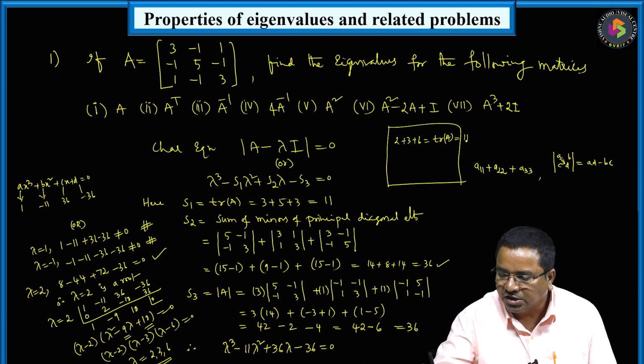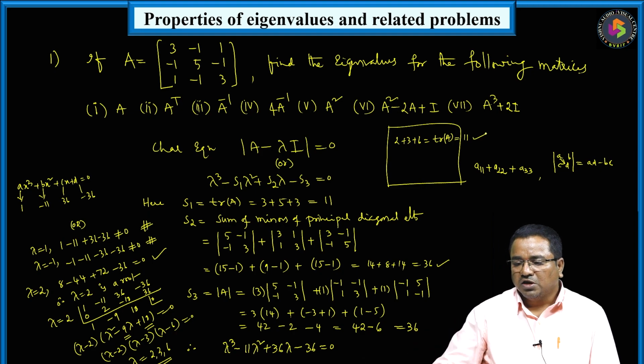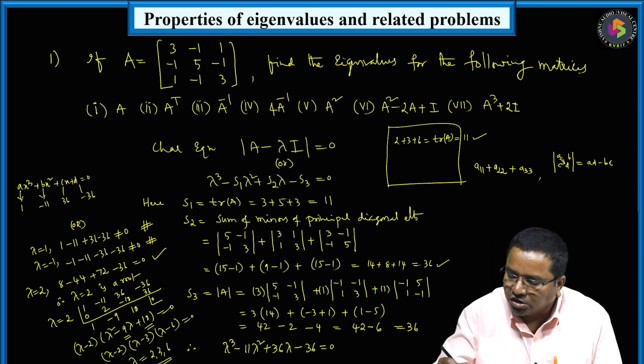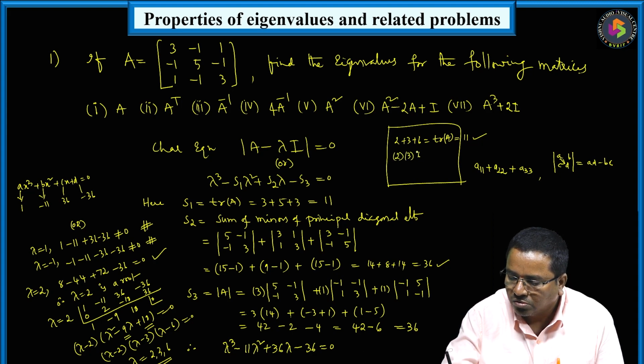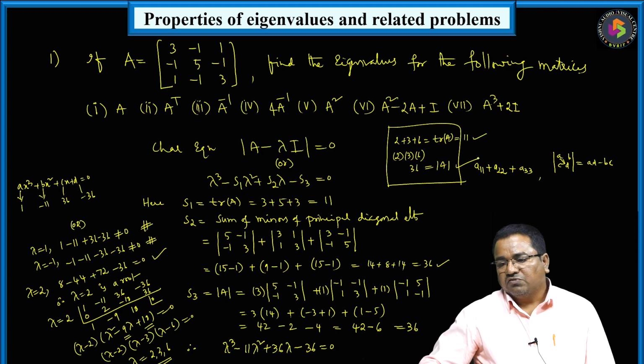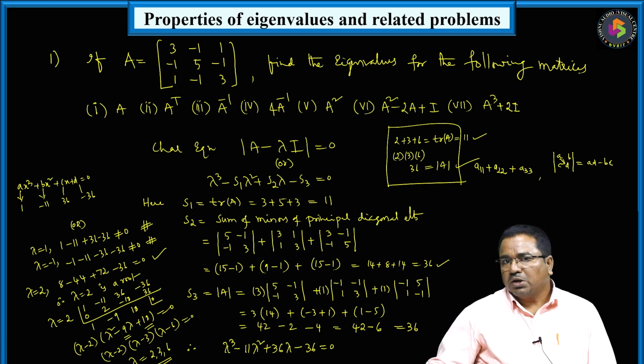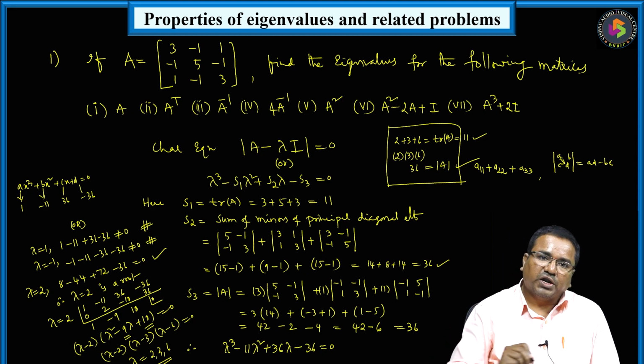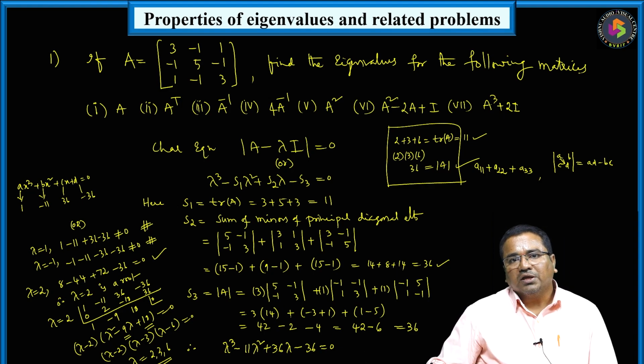So the first property is satisfied. The sum of eigenvalues is equal to the trace. What is the product of eigenvalues? 36. That is equal to the determinant of the matrix. Therefore, satisfying these two properties, the sum equal to the trace of the matrix and the product equal to the determinant of the matrix, whatever eigenvalues we got are correct.